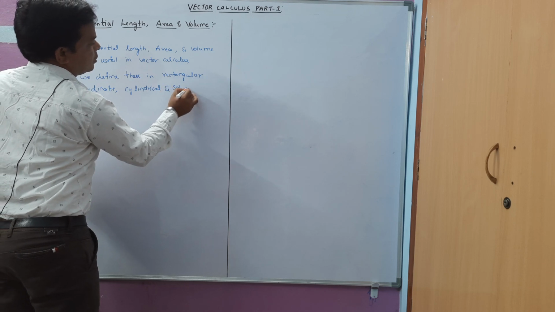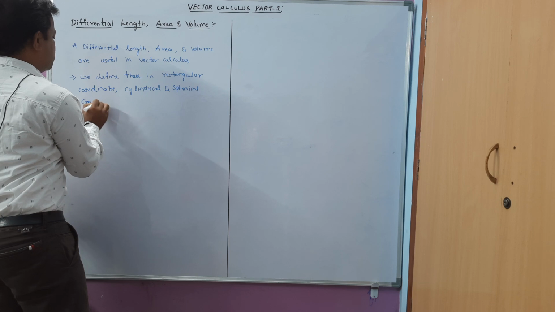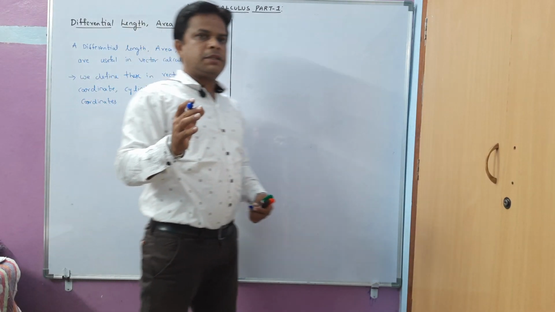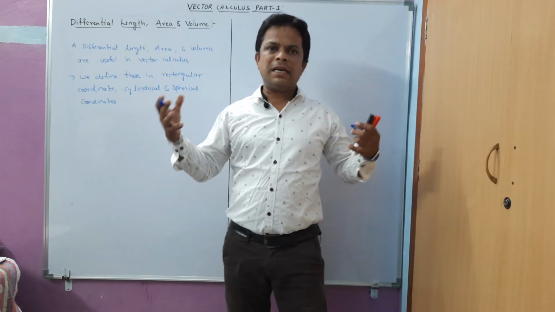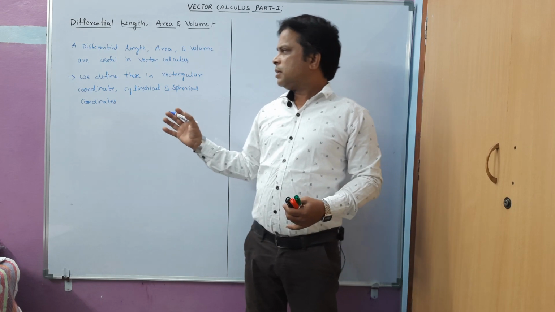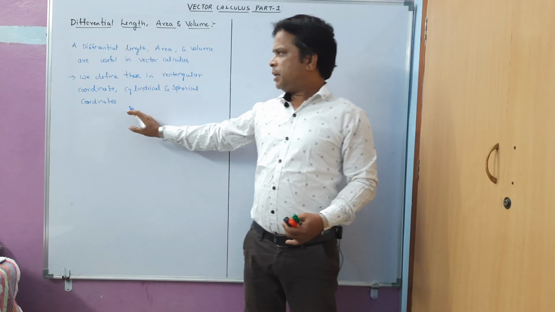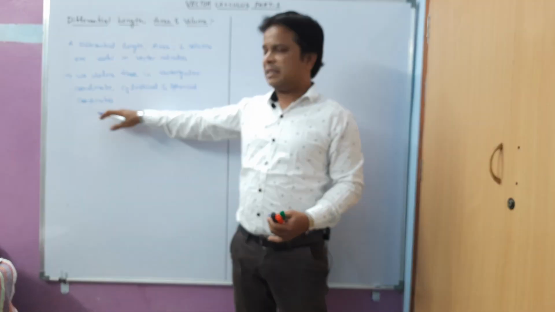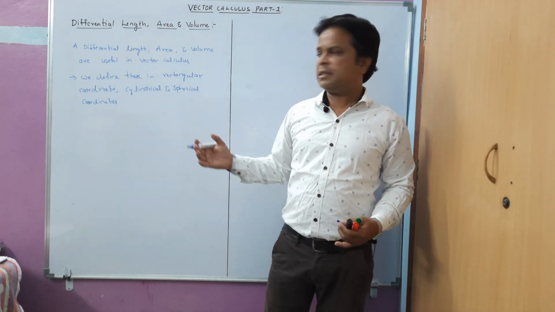This is the difficult part, combining the coordinate systems and the vector algebra. So it is somewhat difficult, but if we understand this step by step, then we can make it easy to understand these concepts.